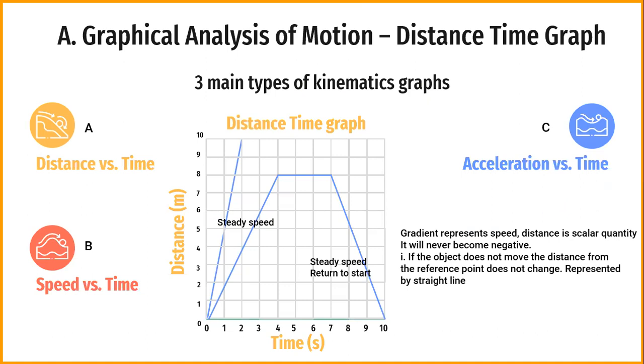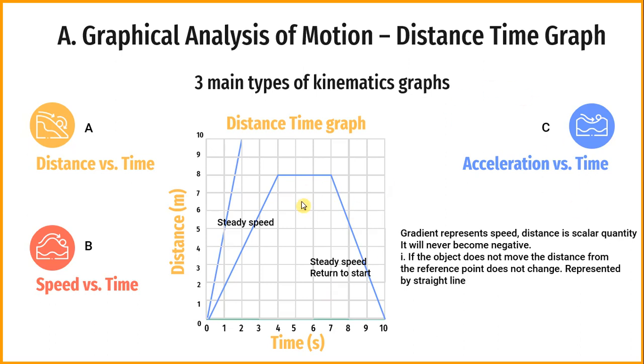A graphical analysis of motion can be divided into three types of kinematic graph: distance versus time, speed versus time, and acceleration versus time.